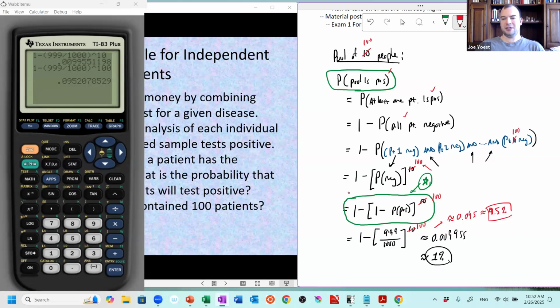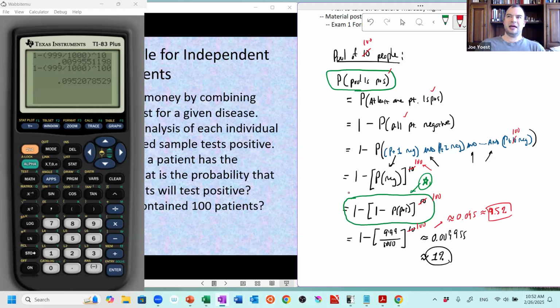So on average, out of 10 pools, 9 of them would come up negative. So I do 9 tests to eliminate 900 people from consideration of being positive. And then for that last pool of 100 that came up positive, say on average one of them will come up positive, maybe I'll test everybody in the pool, and that'll be 100 more tests.